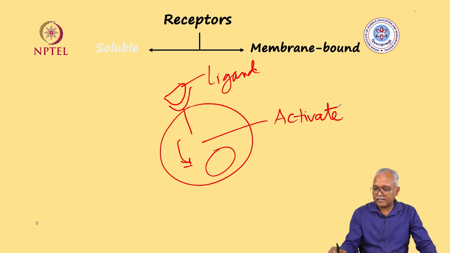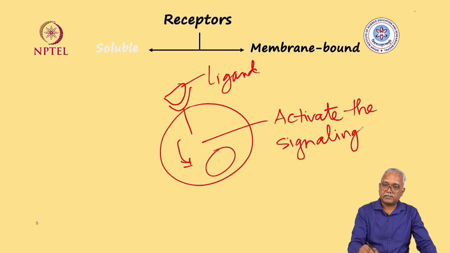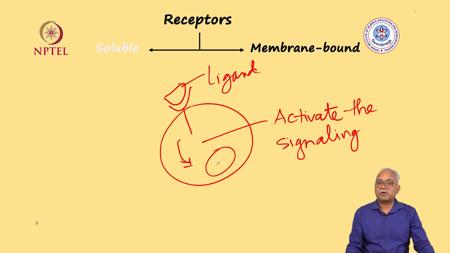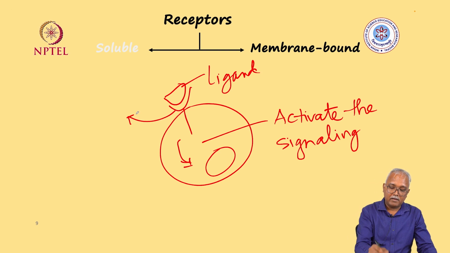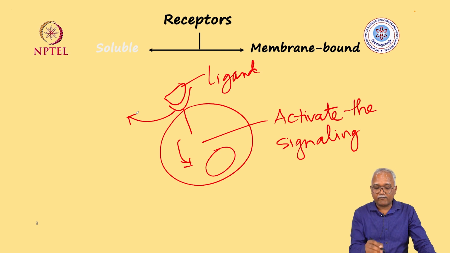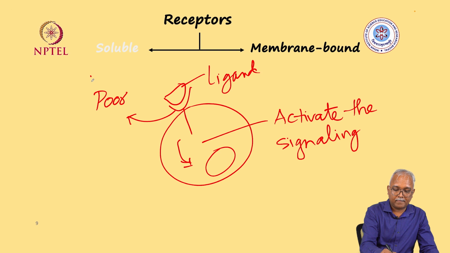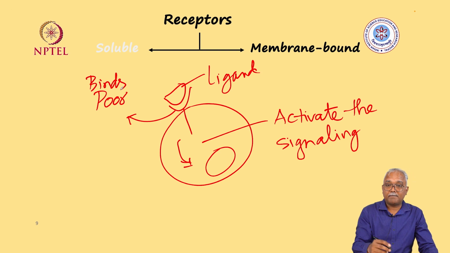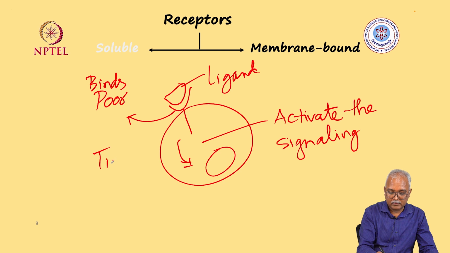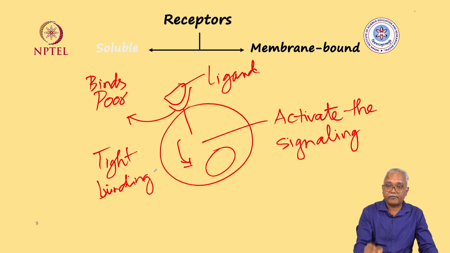Like we saw in previous case, the signaling could mean that changes happen in cytosol, or it could mean that the signaling culminates inside the nucleus and more transcription happens. We may later further take into account that the receptor may bind to the ligand with a poor affinity and mount a response, or there is a different receptor which binds with the ligand much tightly and generate a different response.